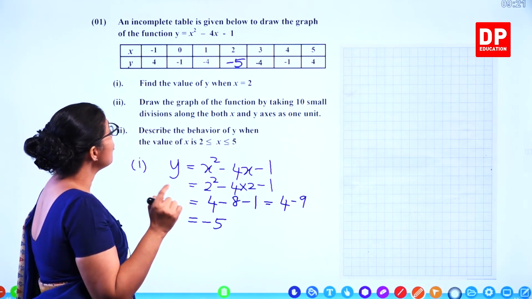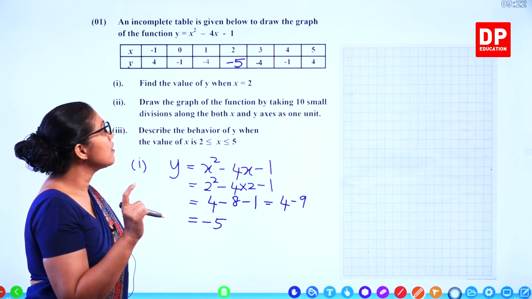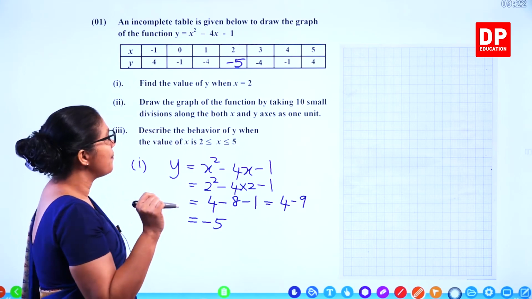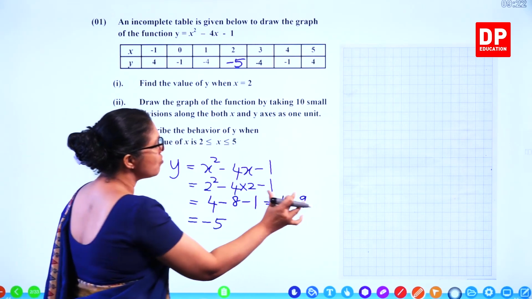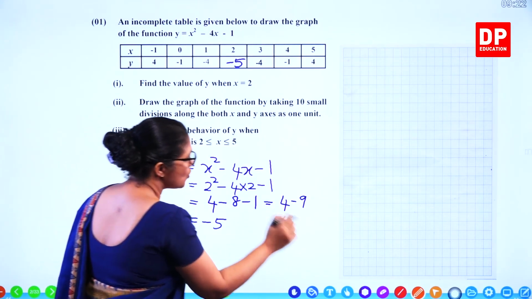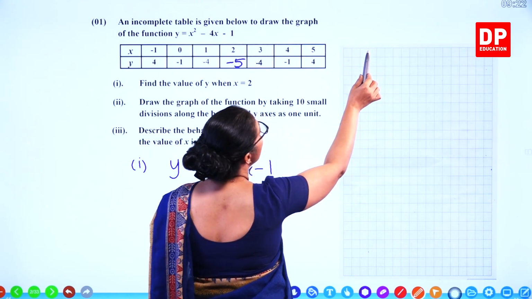Then the second part: draw the graph of the function by taking 10 small divisions along both the x and y axes as 1 unit. So we can take 10 squares as 1 unit on both sides. Starting from minus 1, 0, then up to 5.